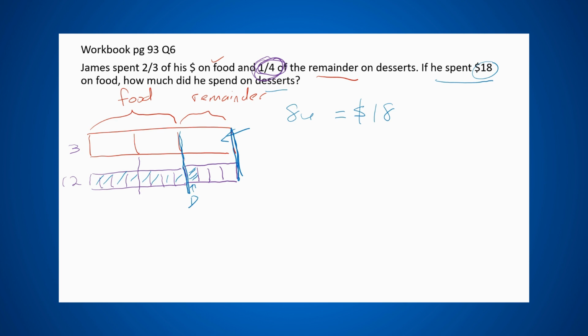Now the question asking you how much did you spend on the desserts, and look at here. The dessert, he spent only 1 unit. So how do I find 1 unit from here? How to from 8 get to 1? Correct? You divide by 8. Do the same thing on the other side, right hand side. I also divide by 8.